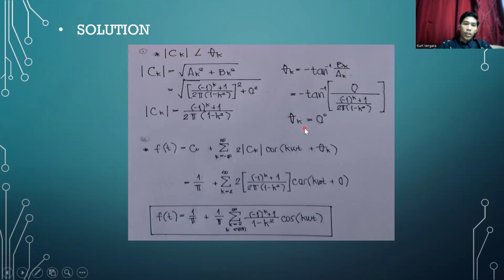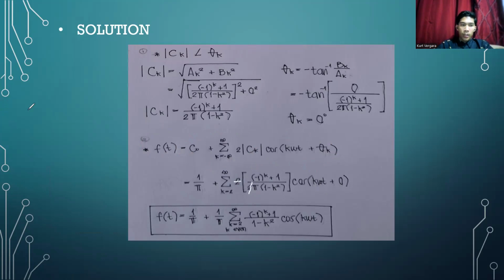So we are just going to substitute it to our combined trigonometric form. Substituting it, 2 can be cancelled out. 2 can be cancelled out. You can remove this 0 because it doesn't have a value.